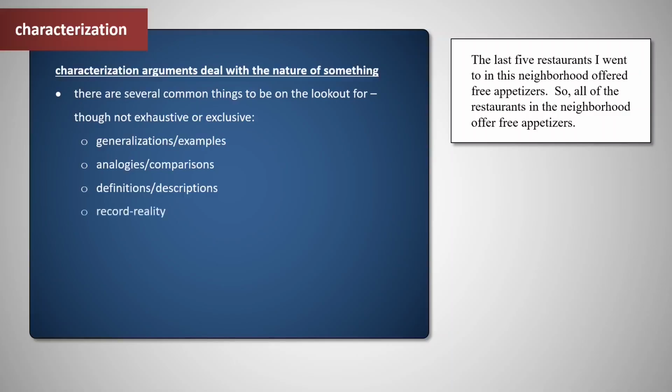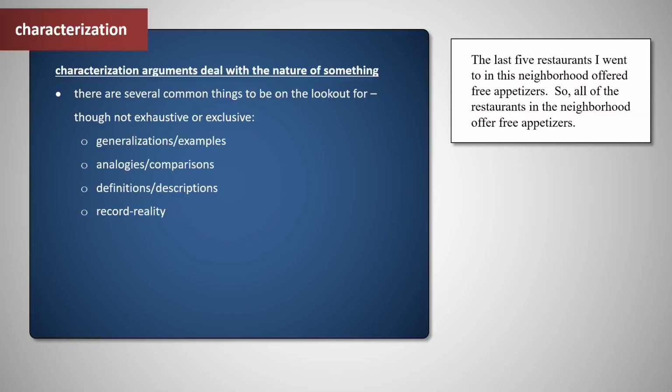And what you'll also find very often is a record and reality type of argument, where it'll say that there's a record of something, so we have evidence that something was written down. For example, the newspaper is saying that the restaurants in the neighborhood offer free appetizers, so therefore the restaurants do actually offer these free appetizers. That's an example of what I mean by record and reality. Record being some sort of recording of a particular characteristic in this case. So you'll find that as well.